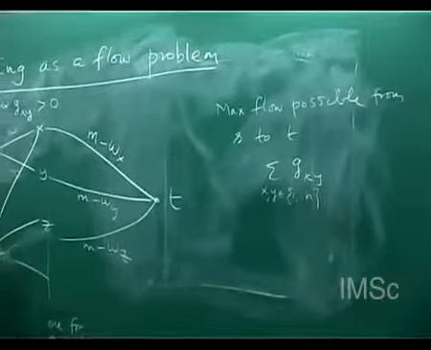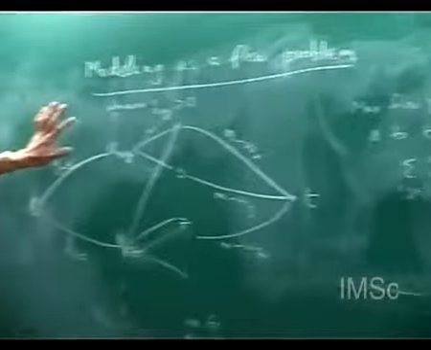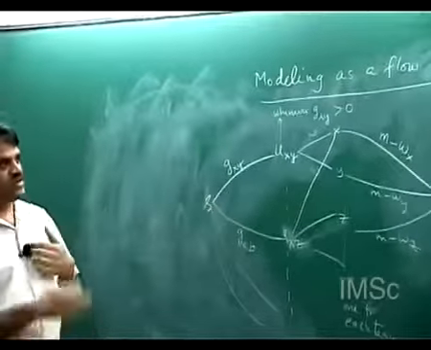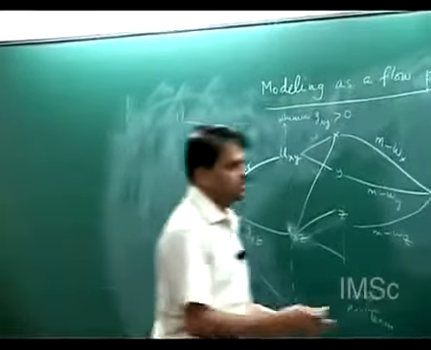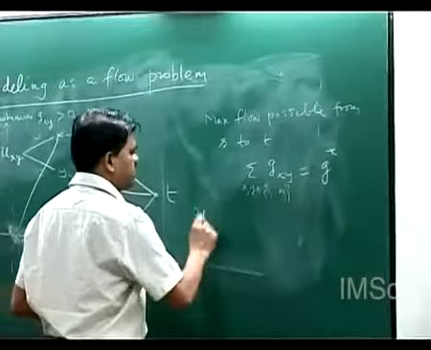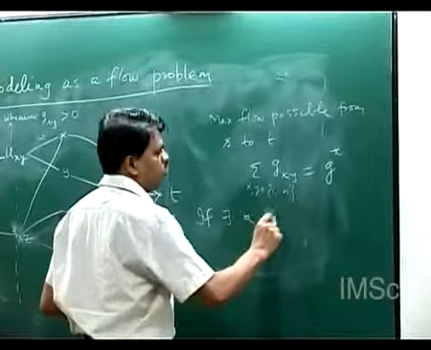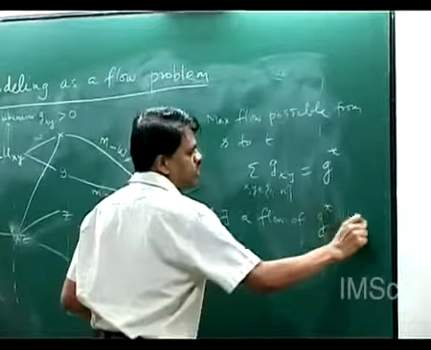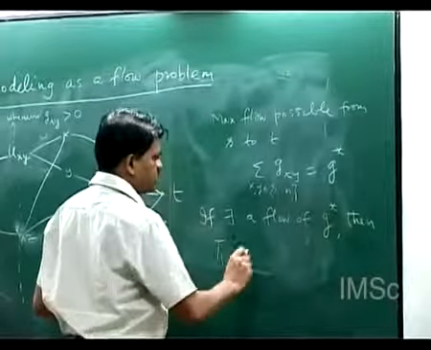I have included g_xy which are zeros also, but that is okay, they contribute 0. So this is the maximum flow possible. And my first observation, which is not very hard, is that if we call this g star, and there exists a flow of g star, then my T1 is not eliminated.